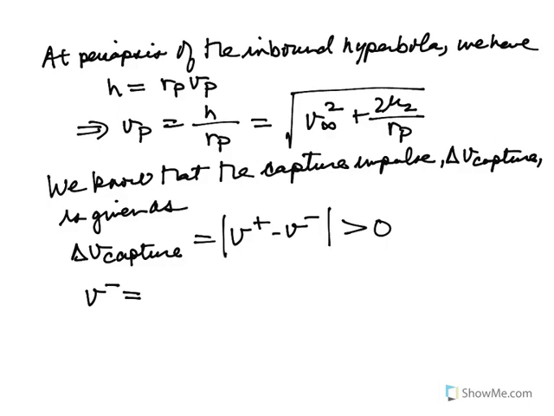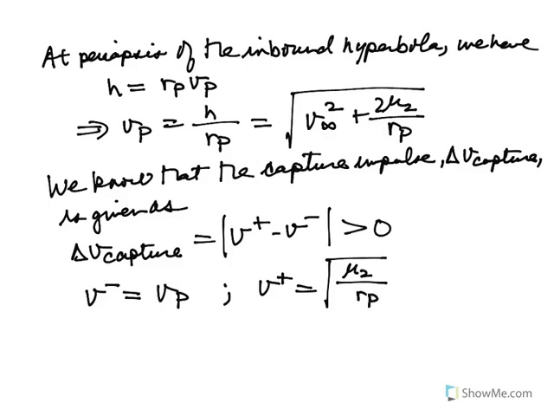And we get that V minus, in this particular case, is equal to VP, and V plus is equal to the square root of mu 2 divided by RP.